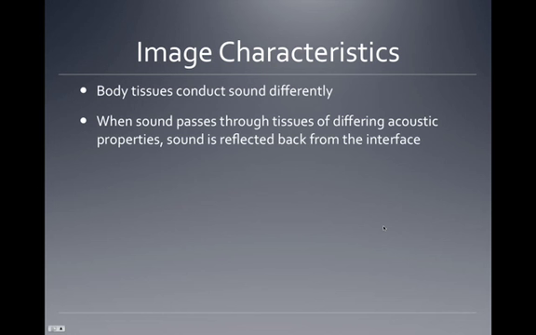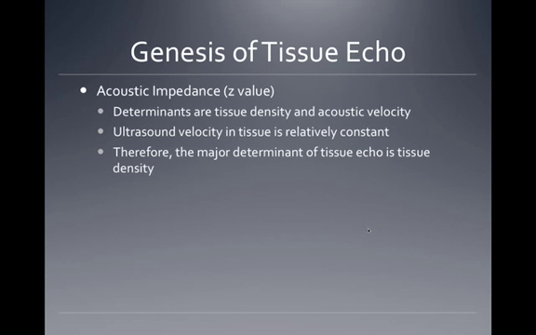All right, so what makes up these images? All of our body tissues have a different density. And so when the sound is passing through those different density tissues, there's a different reflection back from that interface at different times, different strength.